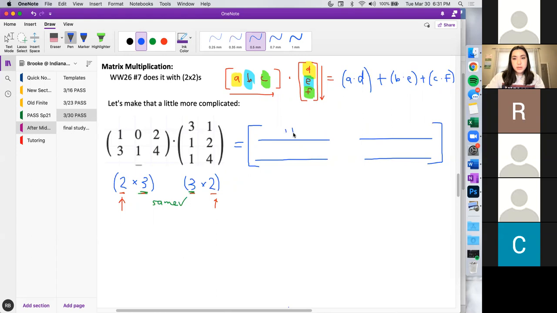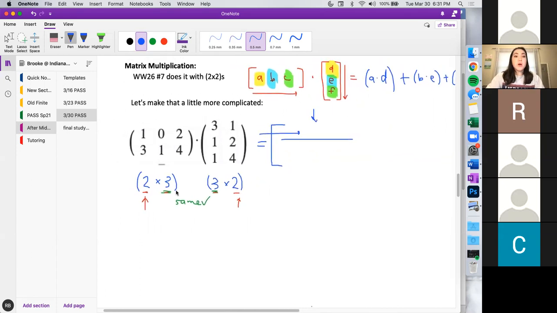It'll have numbers like, I don't know, these are random, but it's a 2 by 2, just elongated. So if I'm looking for this first entry, this is in the first row and the first column of my product.